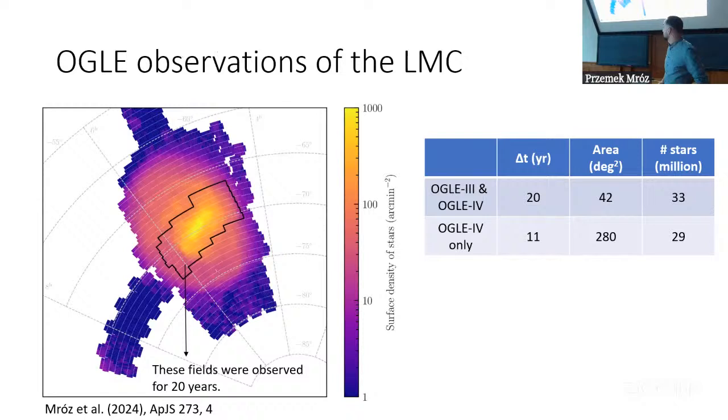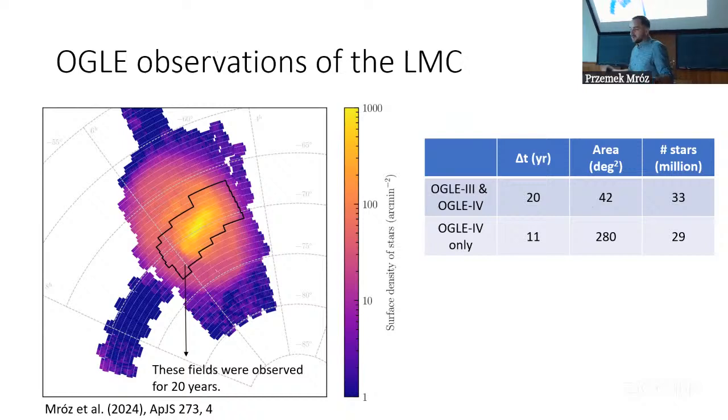And actually, some of the stars in the Large Magellanic Cloud had like 20 years of photometric data. So we wanted to use this data to try to search for those long timescale microlensing events to see if they are there in the sky.